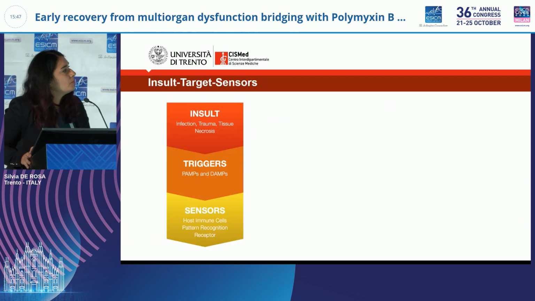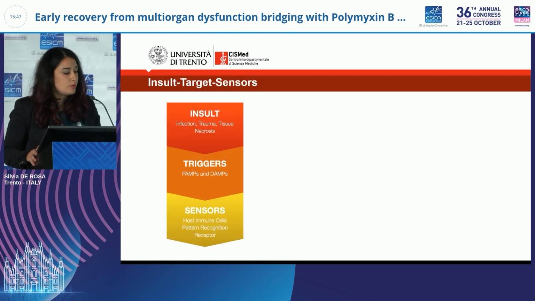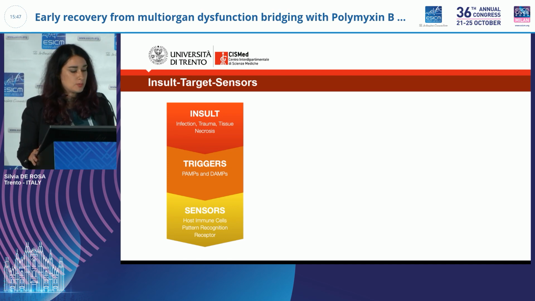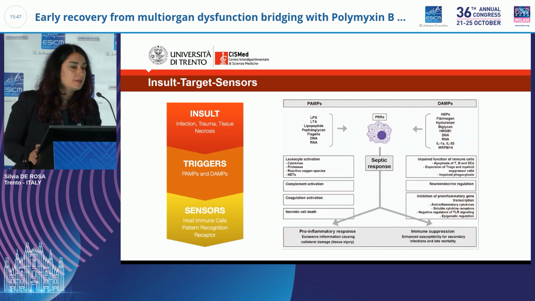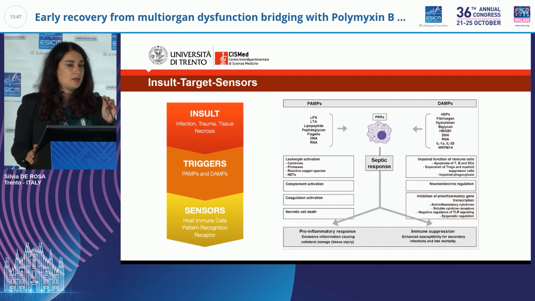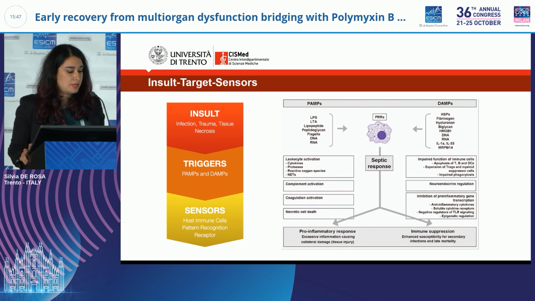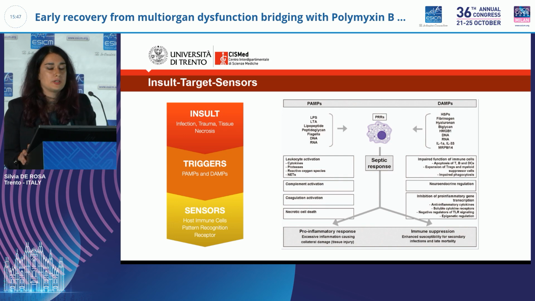So, as we know, when we have an infection, we have an insult, we have triggers represented by PAMPs and DAMPs. In this case, our PAMP is LPS, and we have a sensor represented by pattern recognition receptors.